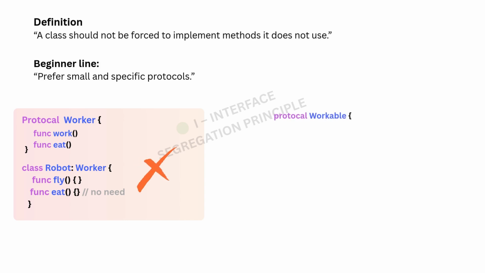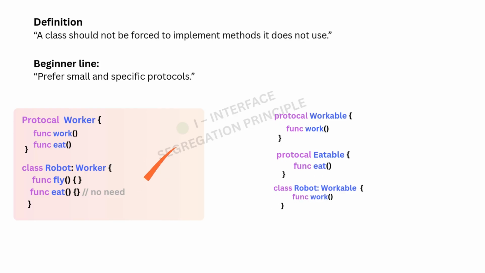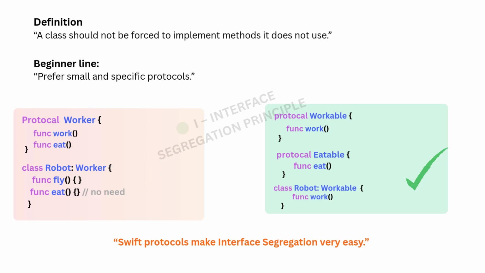So now we create two different protocols, Workable and Eatable. Robot is workable, so we conform only to the Workable protocol, not Eatable. This ensures that we are not forced to conform to methods we don't use. Swift protocols make interface segregation very easy, so you use only what you need.